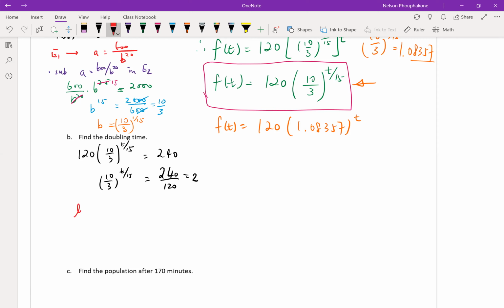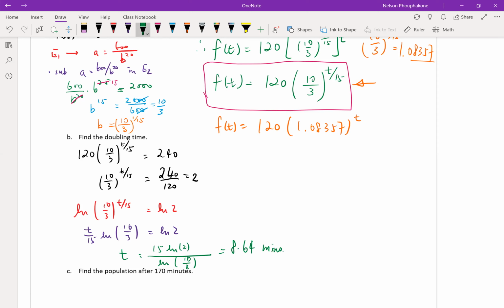Then the next step is we take the natural log. Then we solve for t. The t will be 15 times natural log of 2 over natural log of 10 over 3.